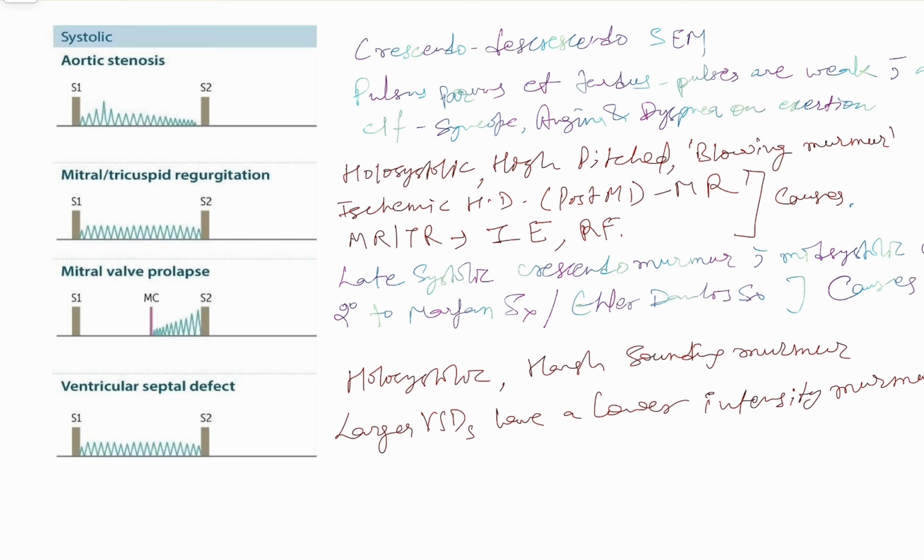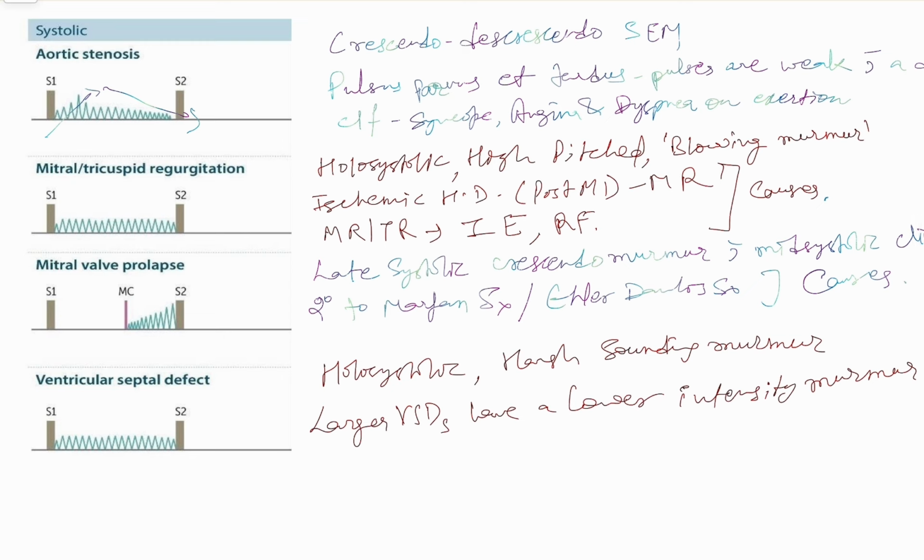If we talk about the aortic stenosis murmur, these murmurs will lie in between the S1 and S2 window because these are systolic murmurs. The aortic stenosis murmur presents as a crescendo-decrescendo systolic ejection murmur. And when there is severe aortic stenosis, it would present as pulsus parvus et tardus.